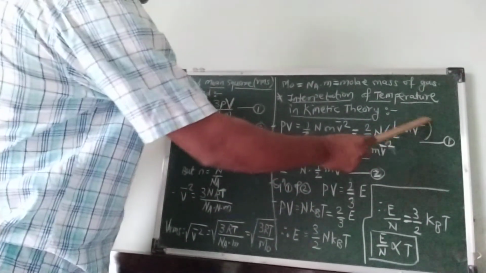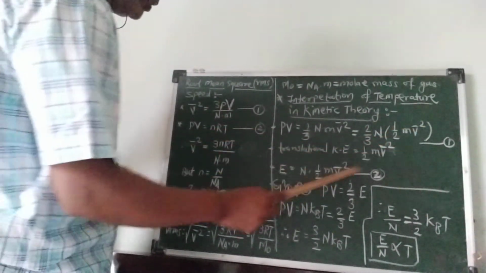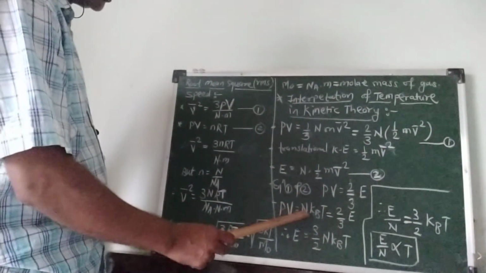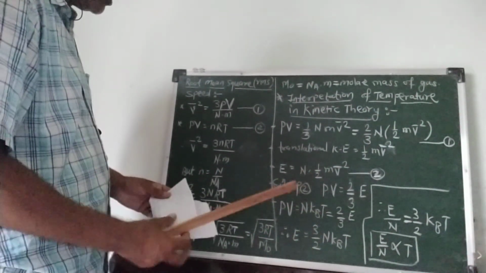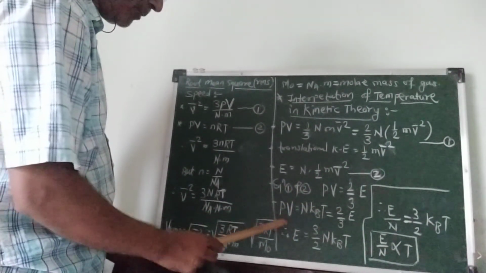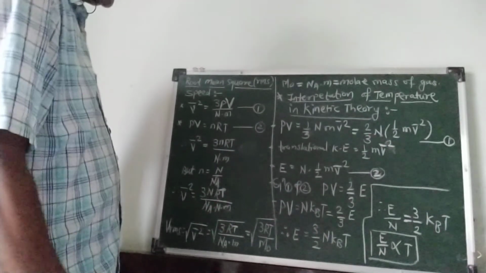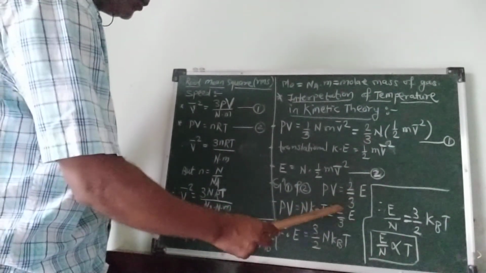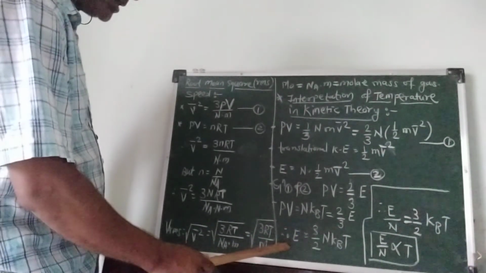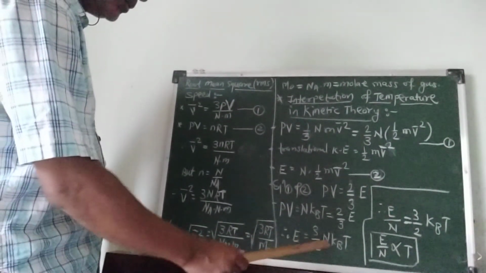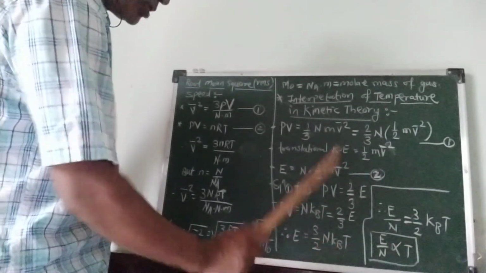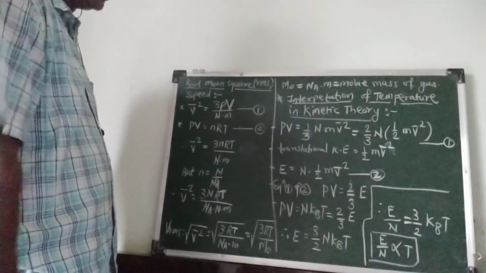This value N into 1 half m V squared is substituted by capital E, and therefore PV is equal to N kB T, which is another form of the ideal gas equation, and this is equal to 2 upon 3 into E. Therefore E is equal to 3 upon 2 N kB into T. This kB is called the Boltzmann constant.